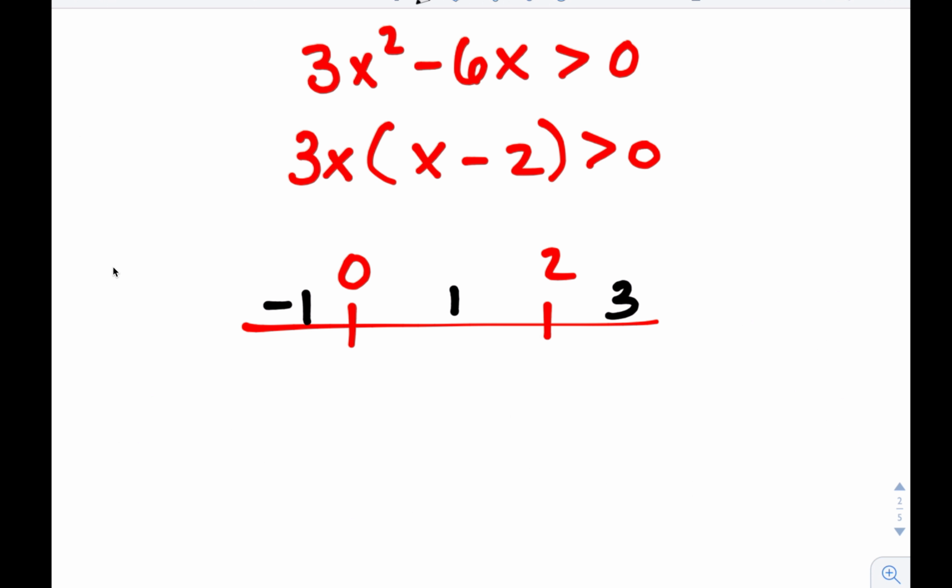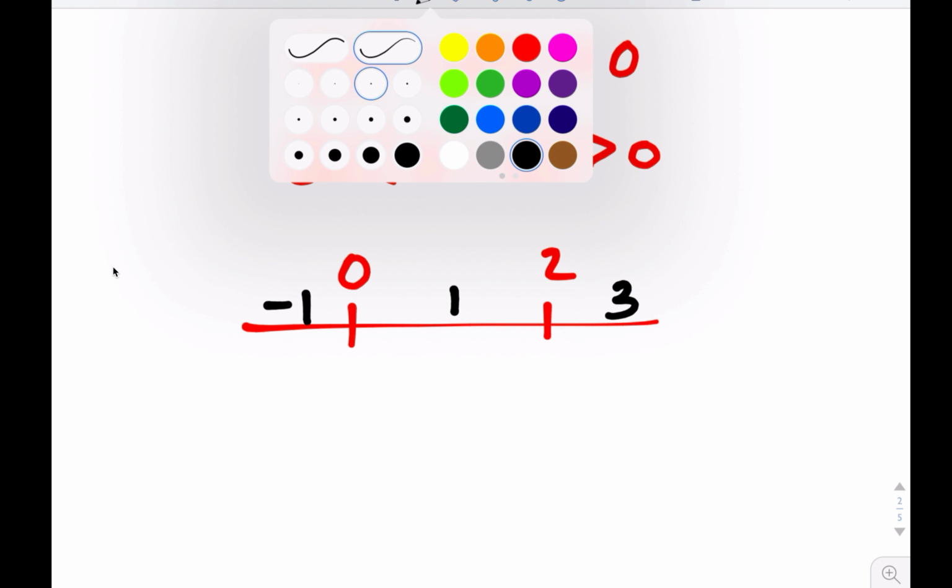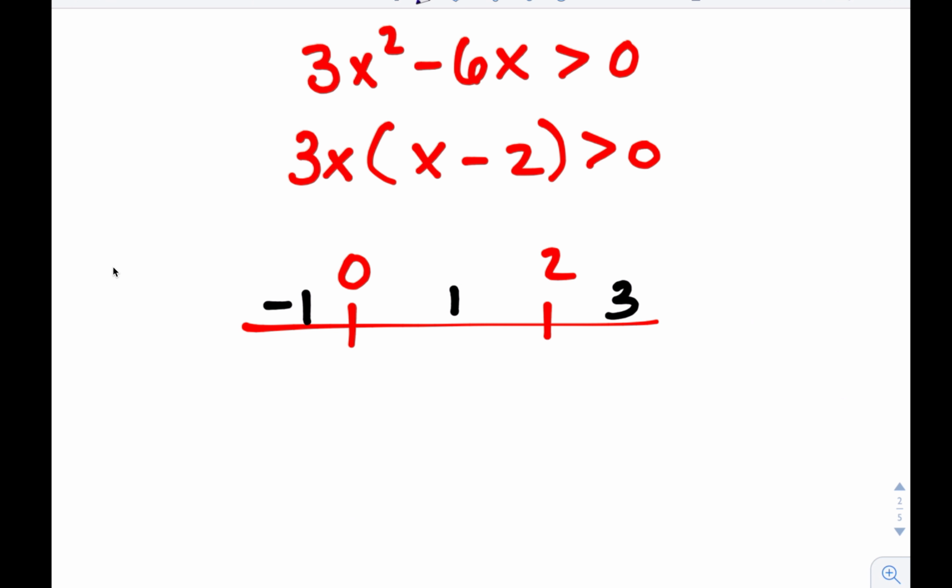So if you plug in negative 1, 3 times negative 1 is negative, and then negative 1 minus 2 is also negative. So negative times a negative is positive. If I plug in 1, 3 times 1 is positive, 1 minus 2 is negative. Positive times a negative is negative.